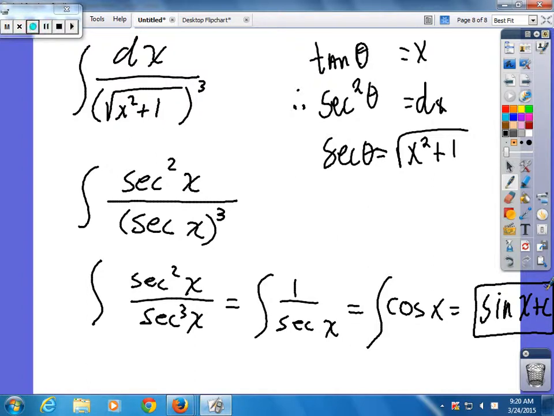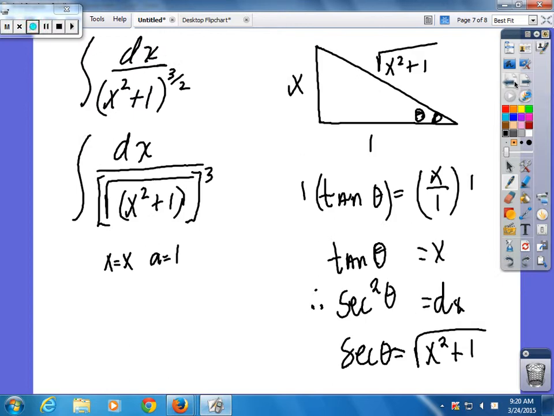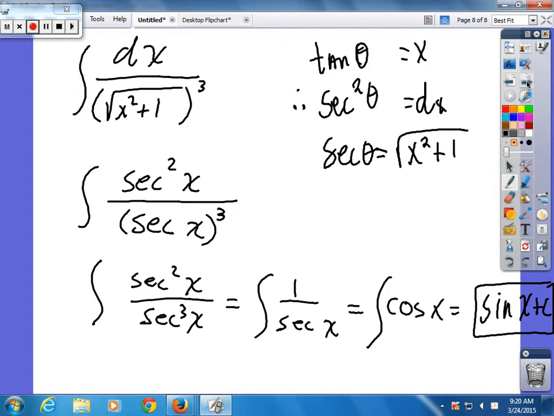And in that case, we need to find the sine of x. And what is the sine? Oscar had, let's go back. Oscar had, so that over that. So that'd be x. So x over the square root of x squared plus 1.